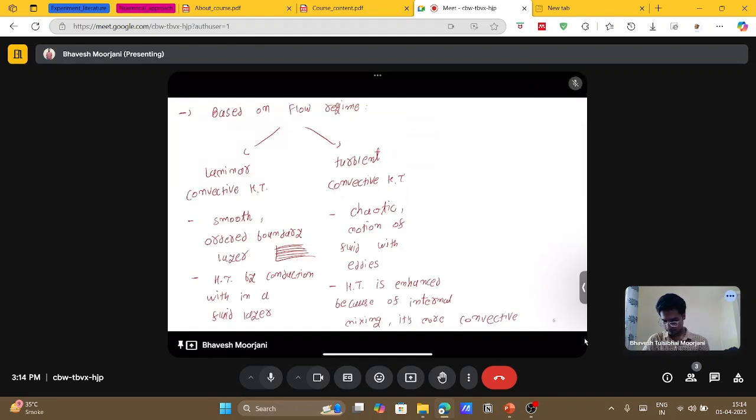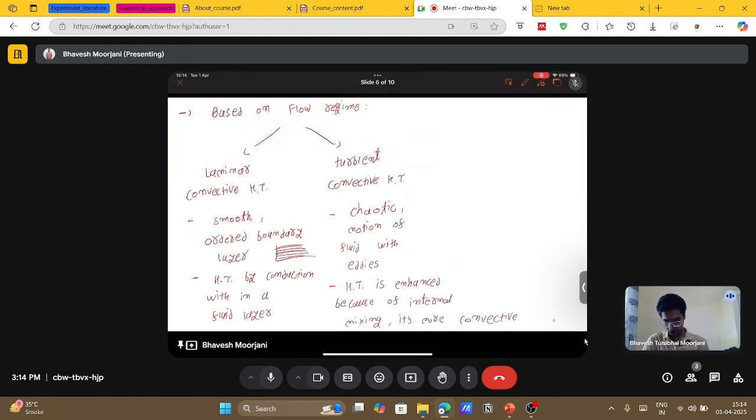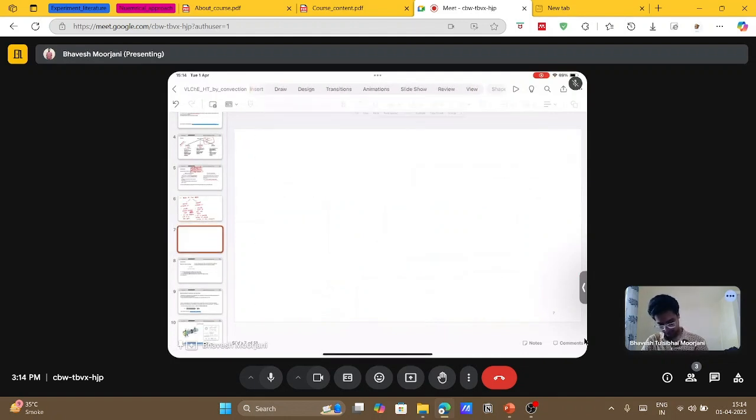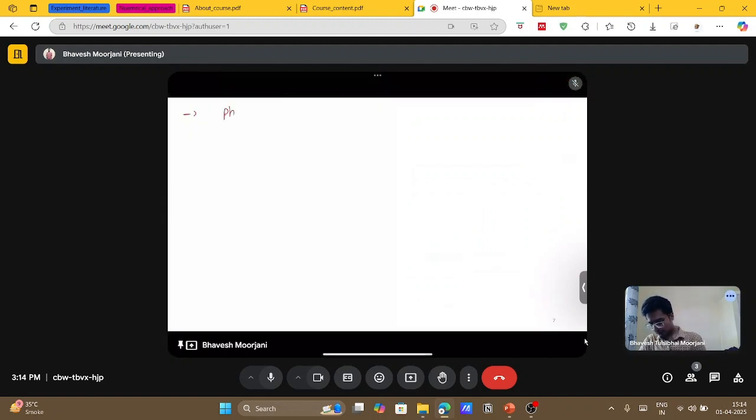Apart from that, if you want to account for phase change during convective heat transfer, then we can classify it as single phase convective heat transfer or double phase convective heat transfer.